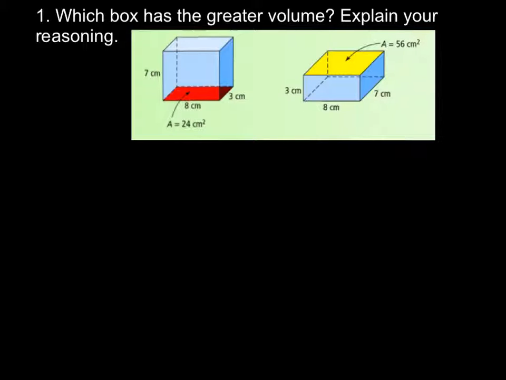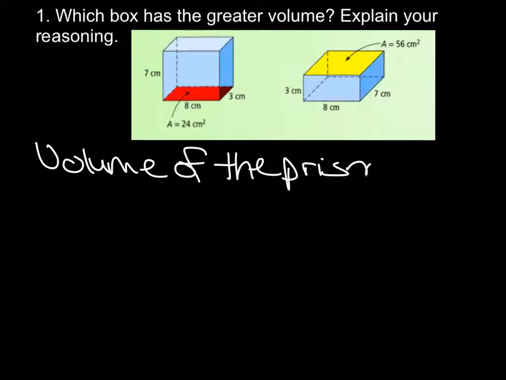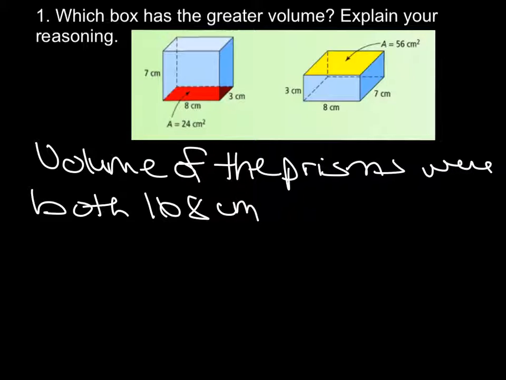So the question asks us to explain our reasoning. So we need to write a sentence to answer this question. When it asks us to explain, we got to explain why. So, what did we find? Well, which box has greater volume? They're both the same, so we can say that the volume of the prisms were both 168 centimeters cubed.